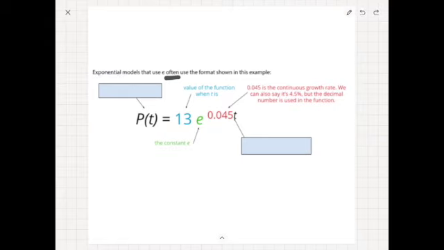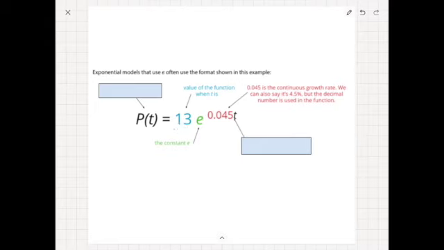So I want to remind you all that when we're working with exponential functions, they often look like this. They look like a times b to the x power, where a is our starting point, b is our growth factor, x is our interval of time that we're evaluating over. With e, it has this same kind of setup where you have a number times e raised to a power.